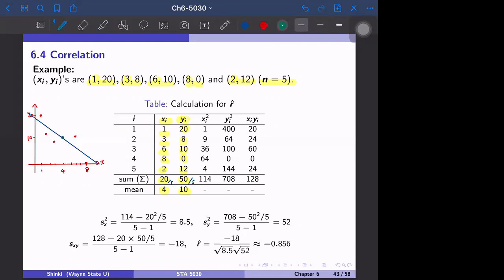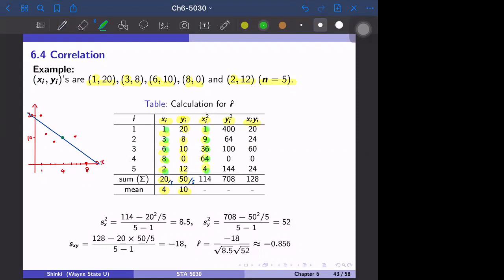Then to calculate the sample variance, we need the summation of x_i squared, also the summation of y_i squared, and the product x_i y_i for the sample covariance. So x_i squared is 1, 9, 36, 64, 4, because you can see that the x values are 1, 3, 6, 8, 2.